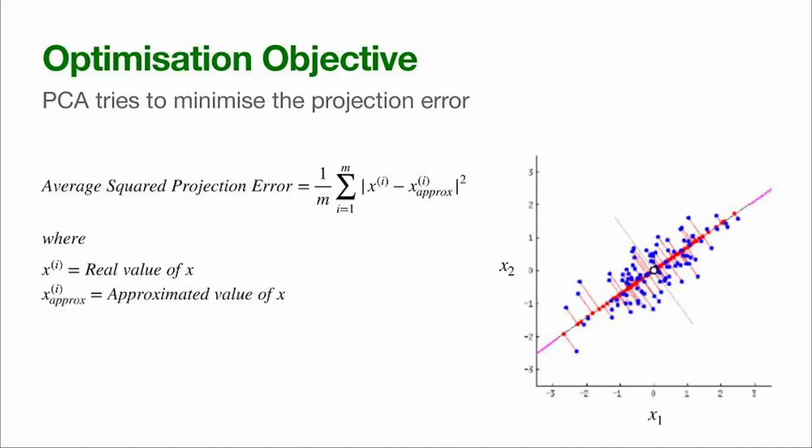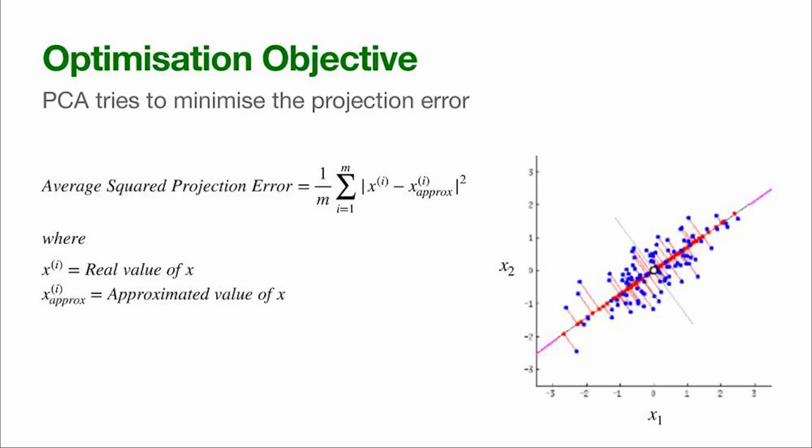Now for the feature vector x1, we compute the approximated value of x1. The approximated value basically lies on that line. For x2, we compute the approximate value of that, and that approximated value is on that line, and we try to minimize the difference between the approximated value and the real value so that we don't lose a lot of information.